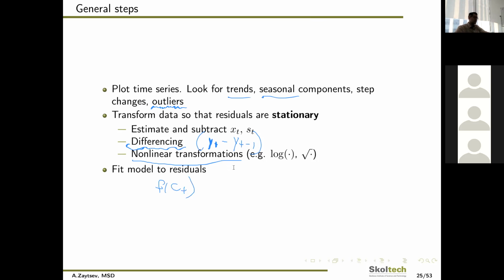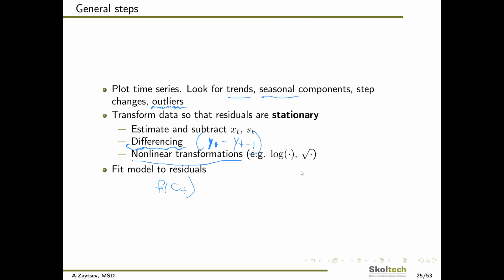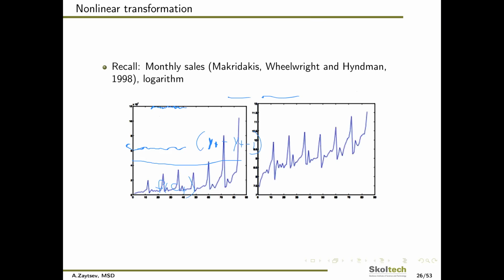So we have this pipeline, these typical steps we apply to build the model for univariate time series data. I will give some examples right now, so you will have a feeling of what's going on at each step, and why it is important.